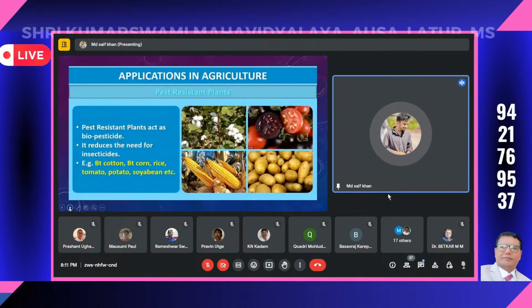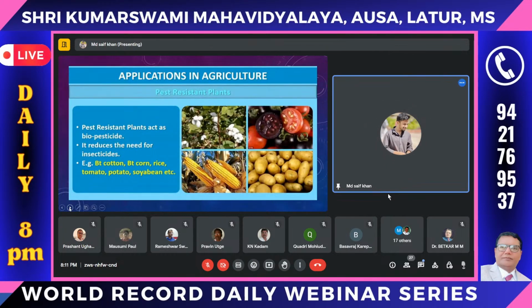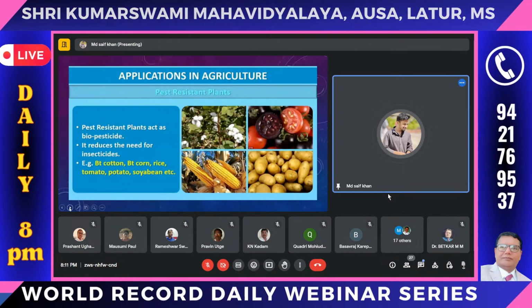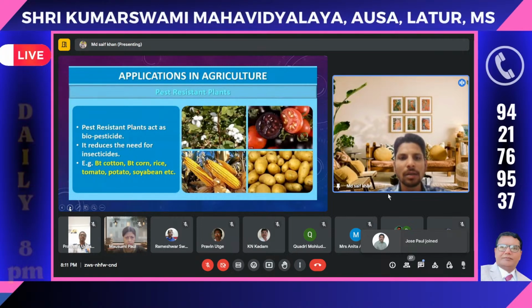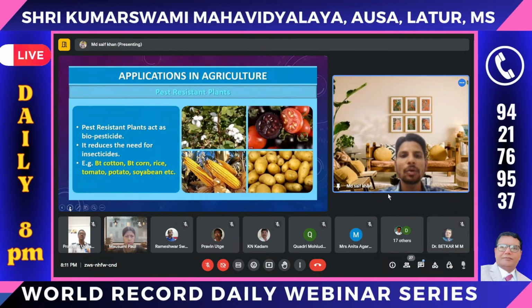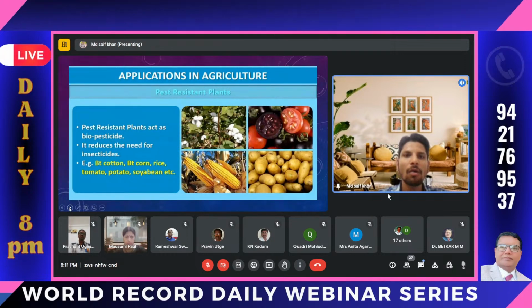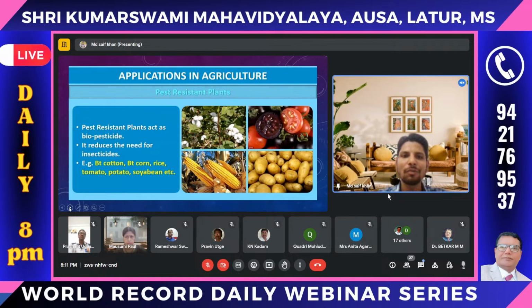It also reduces the need for insecticides. We do not need to spray insecticides on this type of genetically modified plant. So next are the examples. There are Bt cotton, Bt corn, Bt rice, tomato, potato, soybean as the following examples of genetically modified plants for pest resistance.